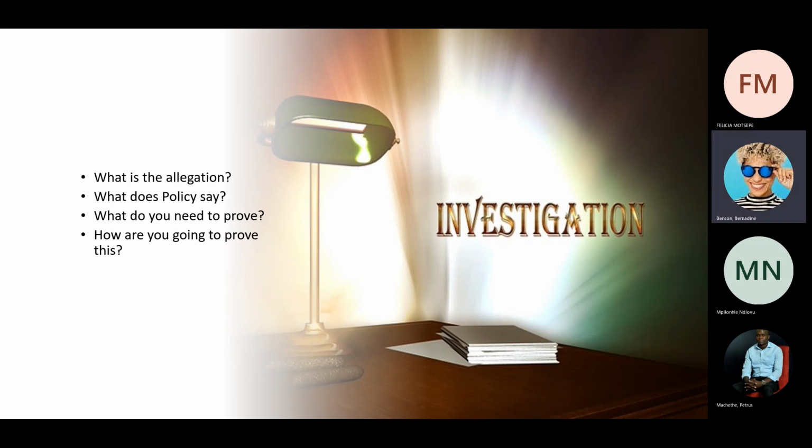So how does one investigate an allegation into nepotism? Where do you start? So looking at the allegation, and then you look at policies. Usually, your letter of engagement, the letter that your line manager sends you, contains the relevant policy contravention. So more often than not, you will not have to look them up. Consider then what it is that you will have to prove.